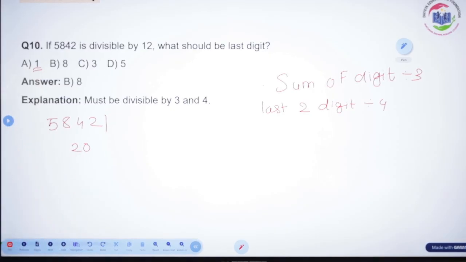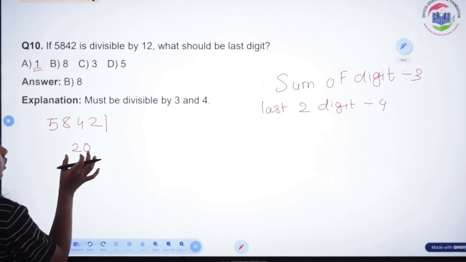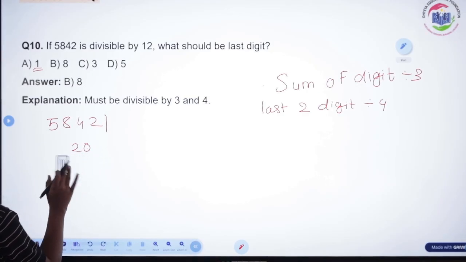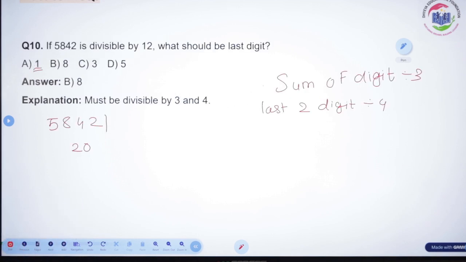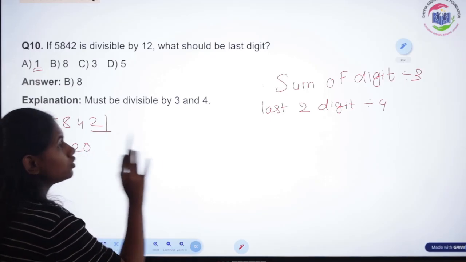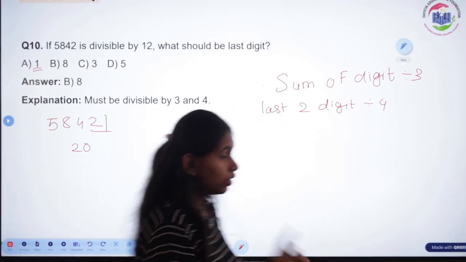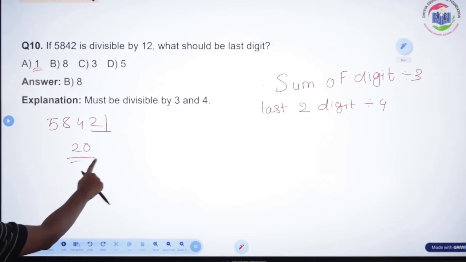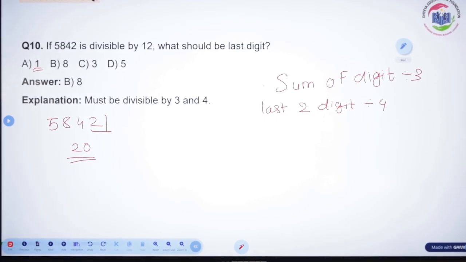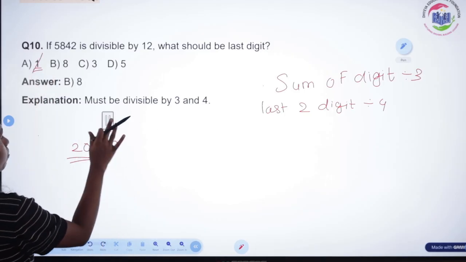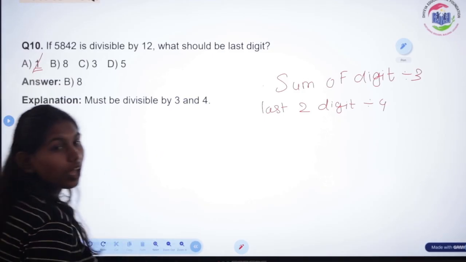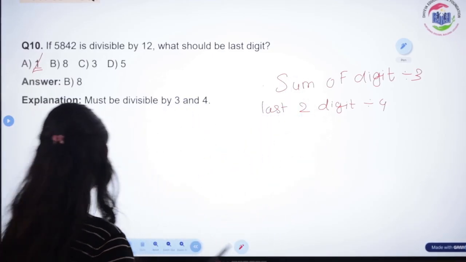Now here the last two digits, 21, is that divisible by 4 or not? So 21 is not divisible by 4. And the sum, 20, is not divisible by 3. So option 1 will be your wrong answer, as both conditions are not fulfilled. Okay.